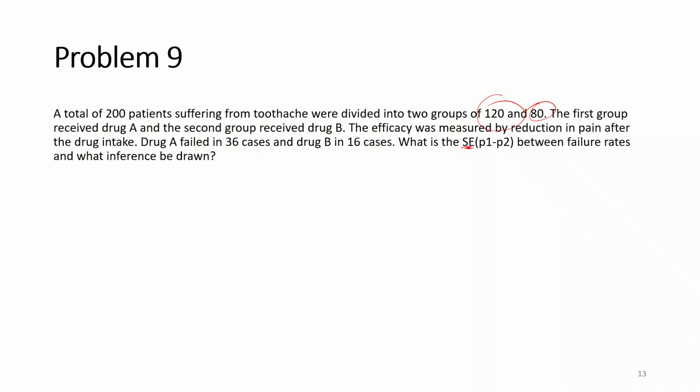Just to recall how we find the standard error for two groups: it is the square root of the variance divided by the number in group A, plus the variance divided by the number in group B. Correct, yeah.